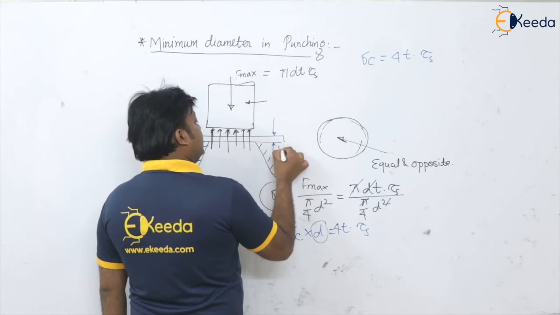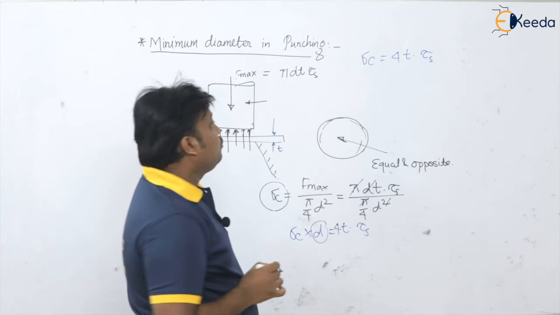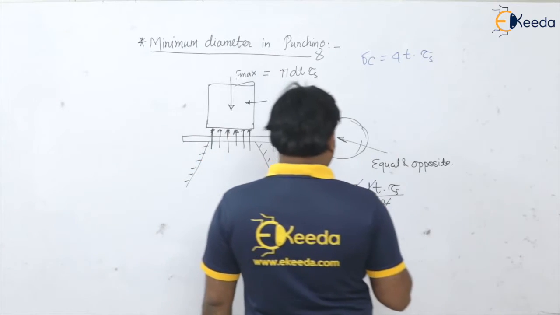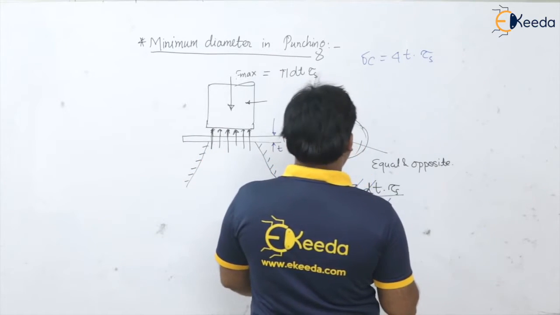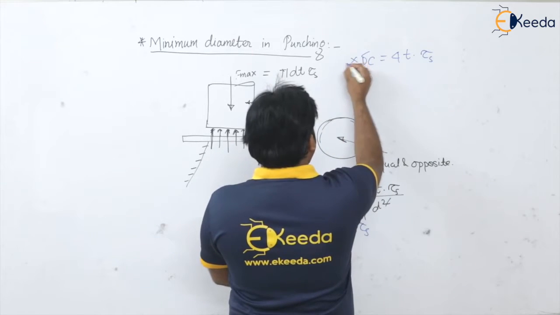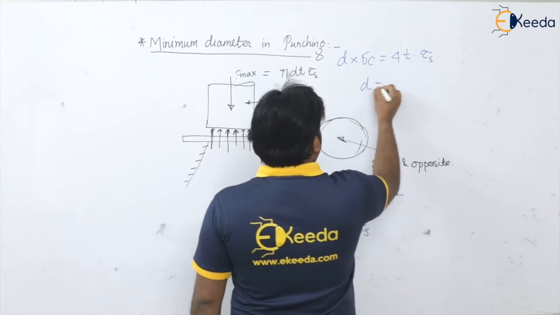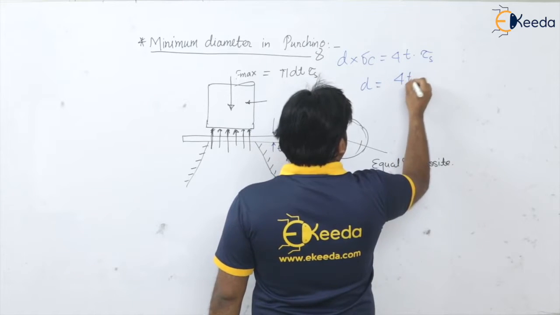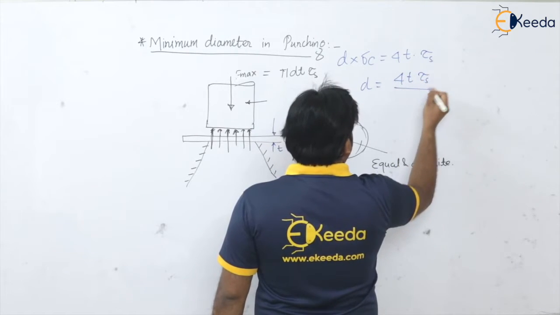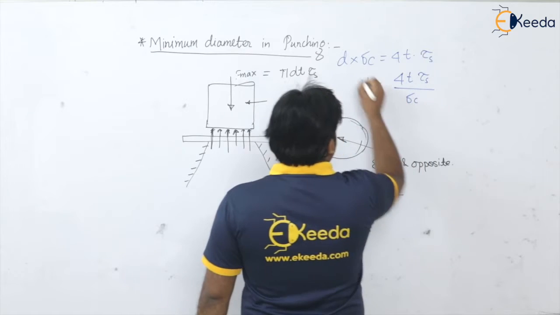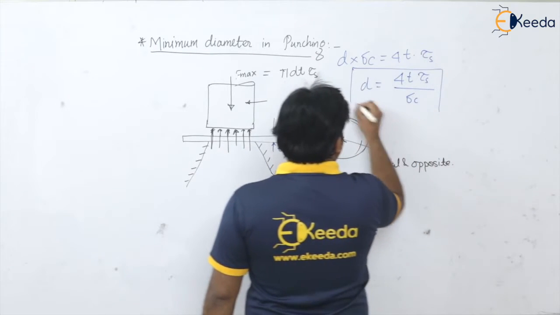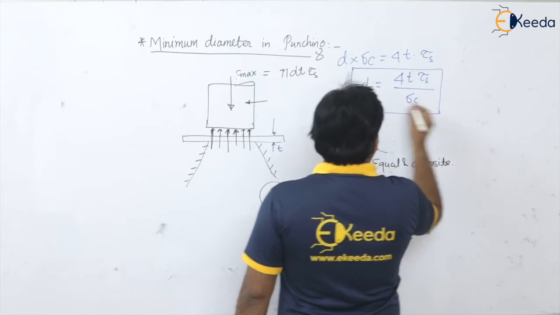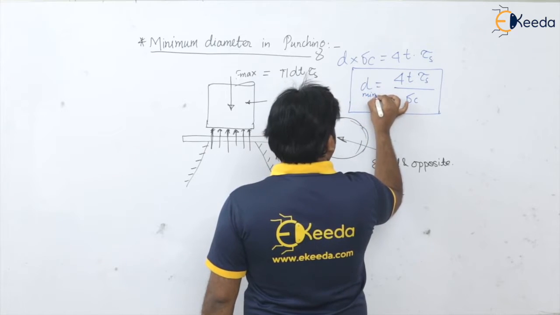So you get the value for the diameter here, as it is multiplied by d, the diameter. So d will be what? 4 times thickness into shear strength of the material divided by allowable compressive strength for the punch material, which is your d minimum.